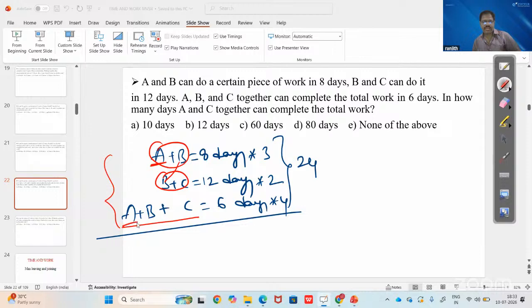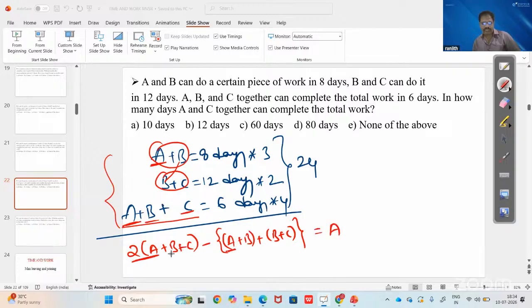Here A is one time, B is one time, C is also one time. So I'm taking 2 times of A plus B plus C minus A plus B plus B plus C. That will be equal to 2 times A, and we are getting A only.